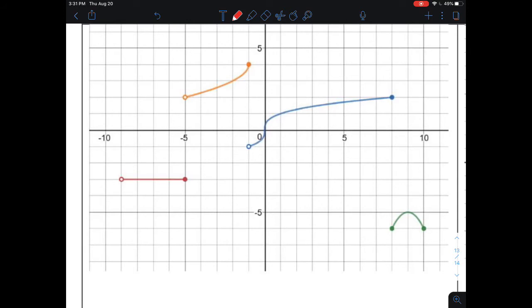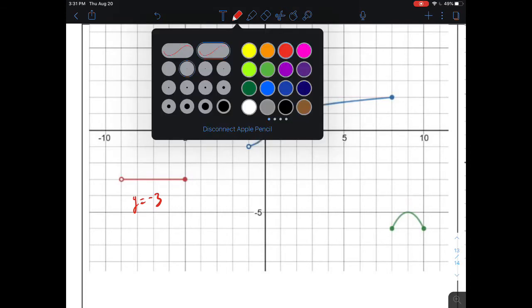I work my way from left to right. This piece on the far left is a horizontal line at y equals negative 3. If I was writing the equation, that would just be y equals negative 3, and I would have to trim the domain down, which we'll do in a minute.